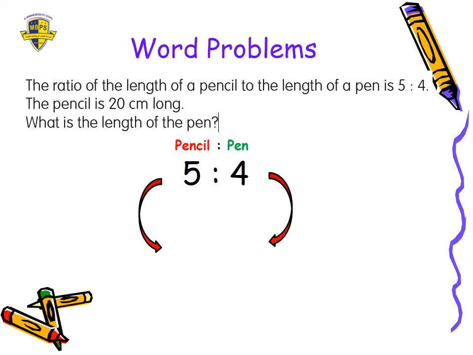If the pencil is 20, how do we make it 20? Multiply by what? 5 by what gives 20? Good, by 4. So there also we have to multiply by 4. 4 by 4 equals what? 16. Excellent. So 16 centimeters is the length of the pen.